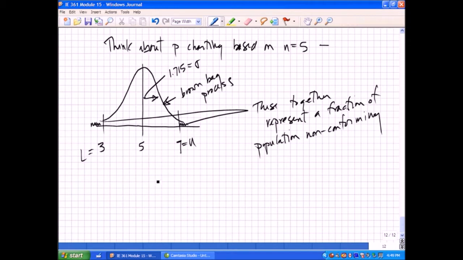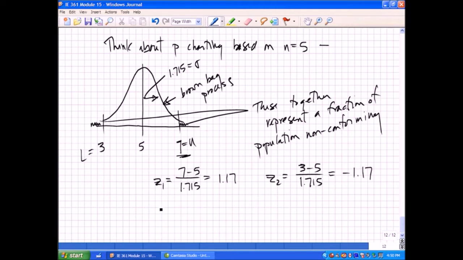That is, I need to make a couple of z values. The first is 7 minus 5 over 1.715. That's the z value for this upper specification. That turns out to be 1.17, and the second z value is 3 minus 5 over 1.715, and that's minus 1.17.